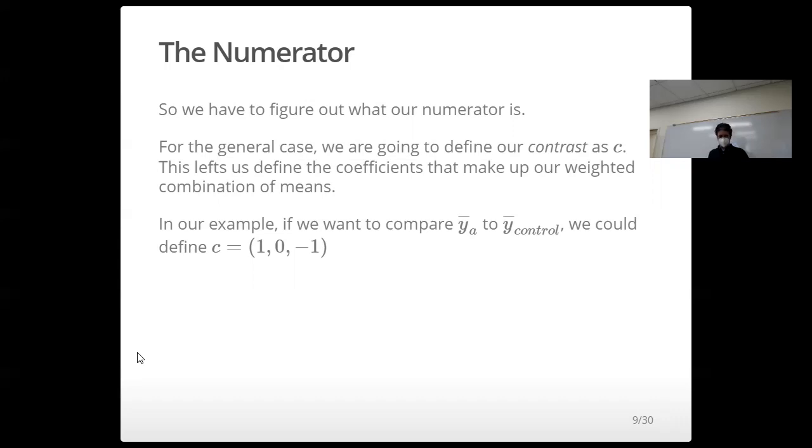In our example, we're using our population means, so we're getting y bar A and y bar control. And we can define our contrast as 1, 0, and -1. That essentially says we want 1 times condition A, 0 times condition B, and -1 times control.